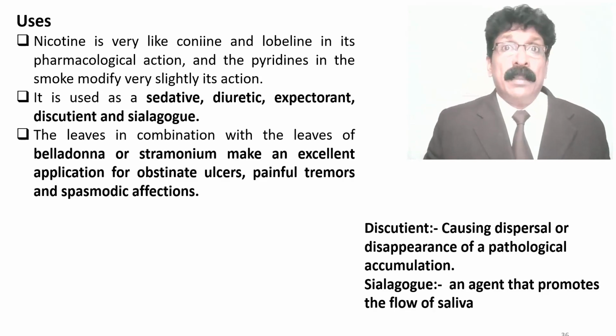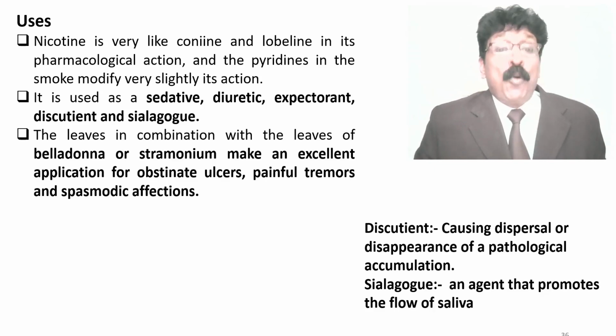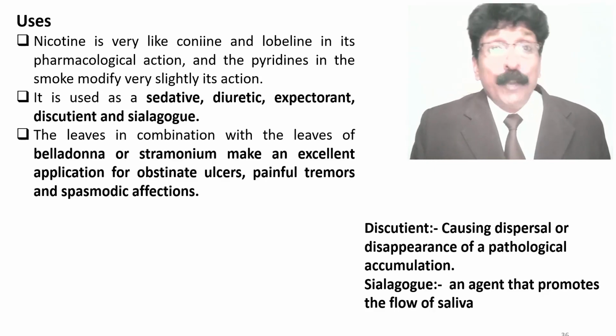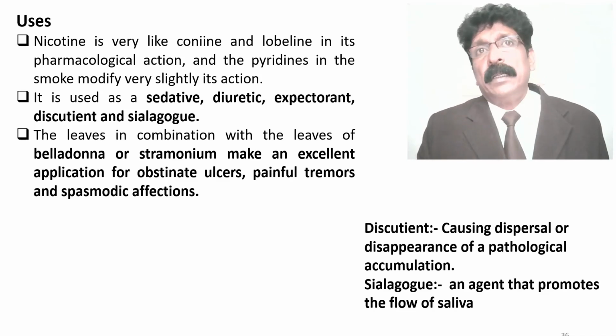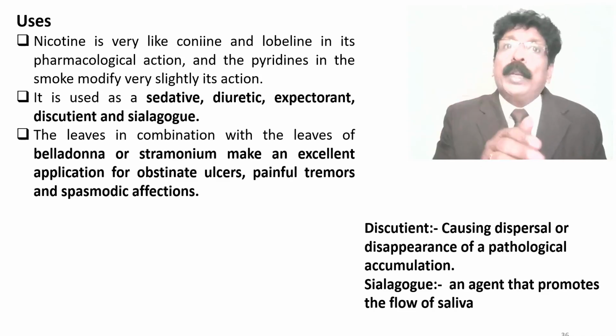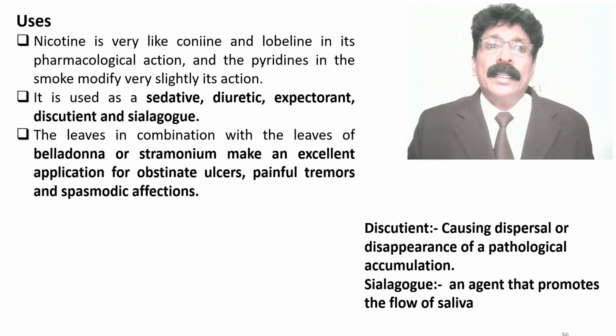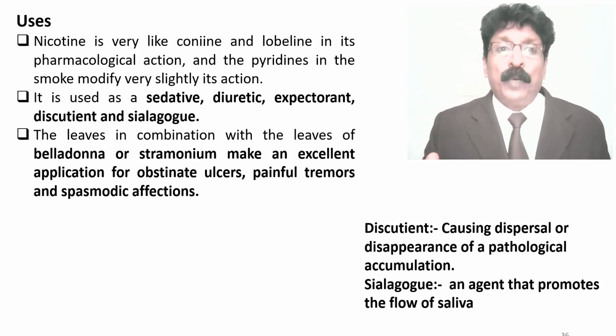Abdominal pain, lower abdominal spasmodic pain, can also be treated with this. Belladonna contains atropine, tropane alkaloids, and together with nicotine alkaloids they can have an effect on spasmodic affections.